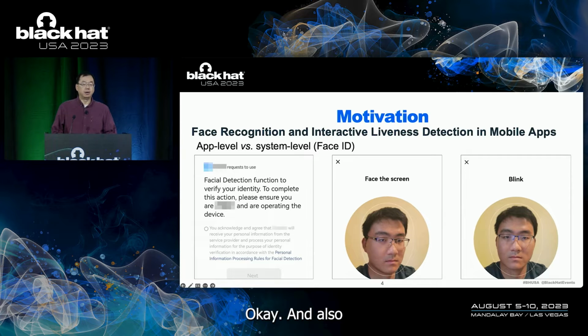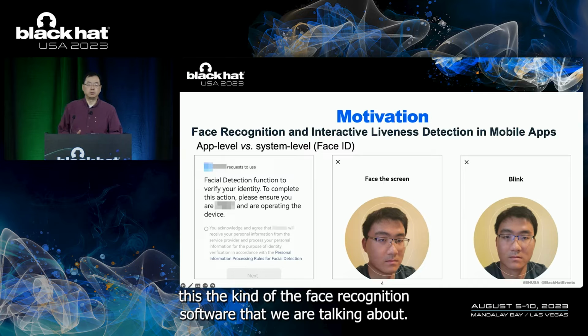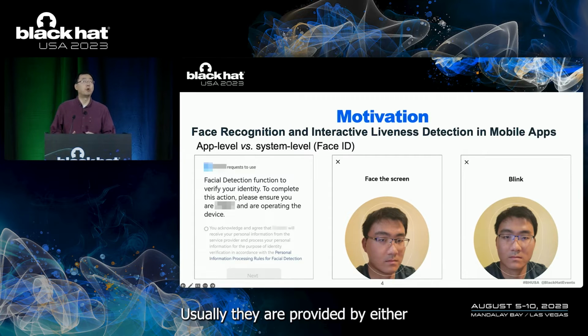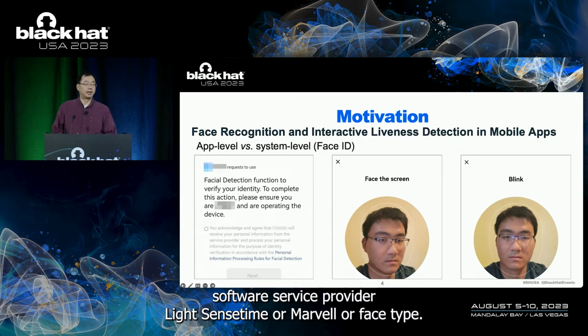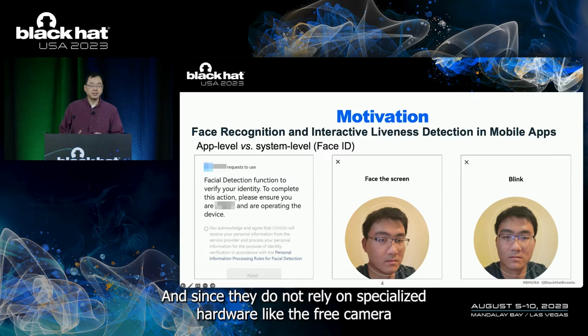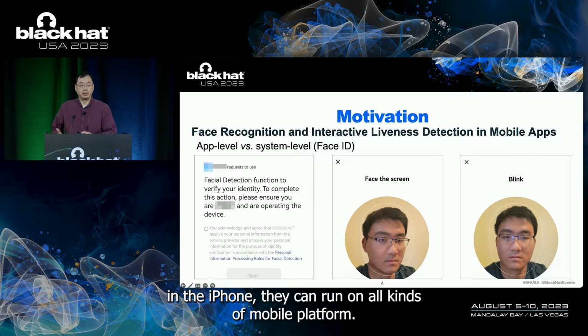Also, the kind of face recognition software that we are talking about, usually they are provided by either big platforms like Tencent, Alibaba, Baidu, or other face recognition software service providers like SenseTime or Marvell or FaceTag. Since they do not rely on specialized hardware like the 3D camera in your iPhone, they can run on all kinds of mobile platforms, and that's the advantage.